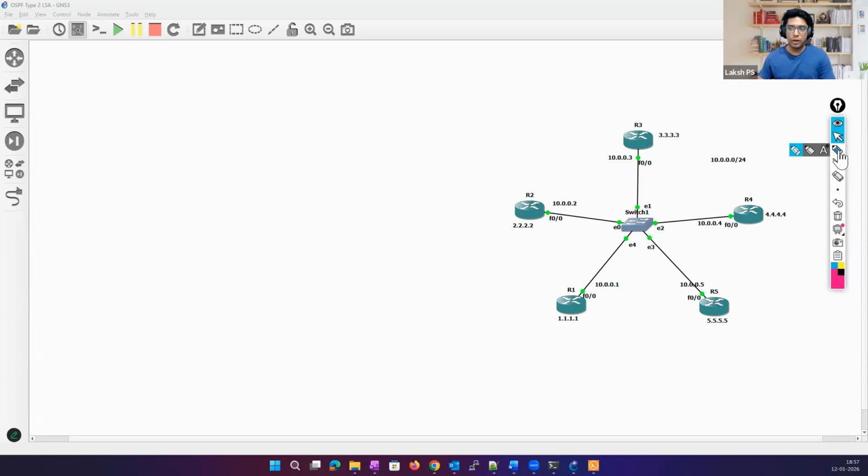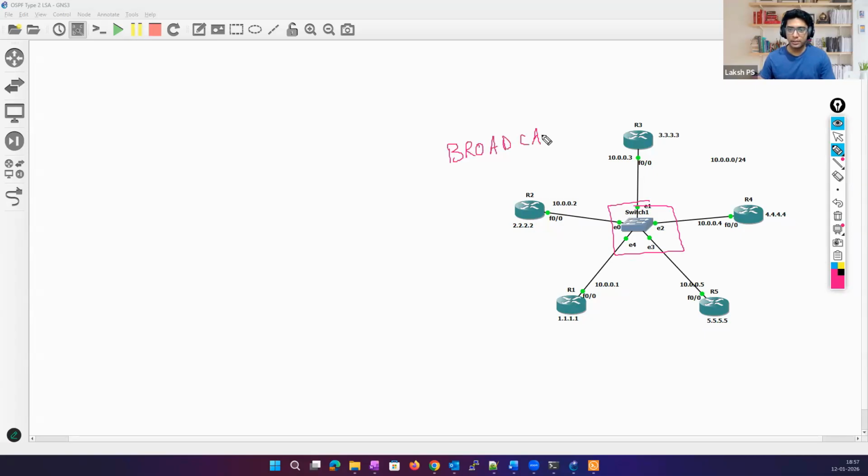Okay, so what we understood in the last class was that in such an environment where all the routers are connected through a switch, OSPF considers such a network as a broadcast network.